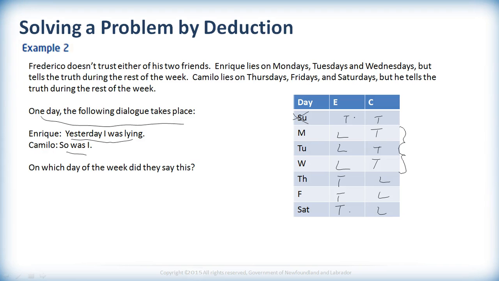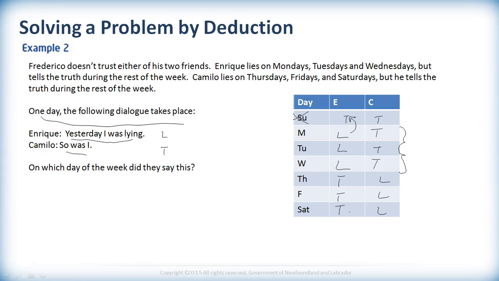Let's assume that Enrique is lying, and Camilo is telling the truth, and see how that works out. If Enrique is lying, he says, yesterday I was lying, which would be a lie, which would mean that yesterday he was telling the truth. The only day that could work for would be Monday, if he was telling the truth the day before. Let's see if that fits for Camilo.